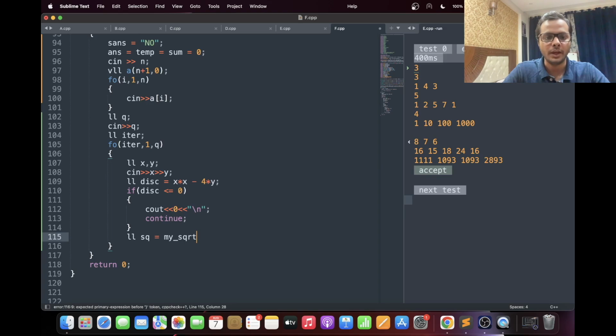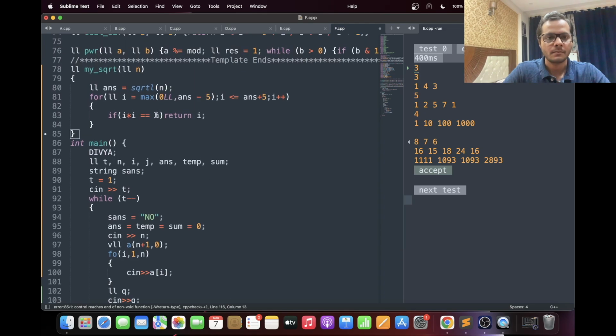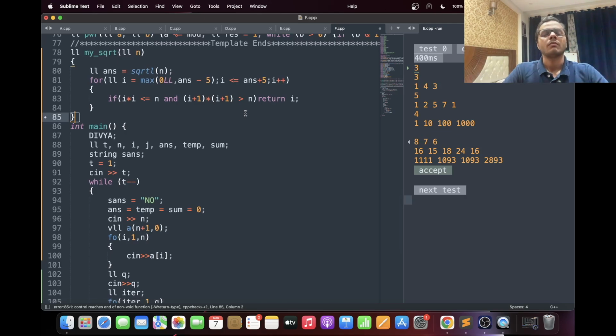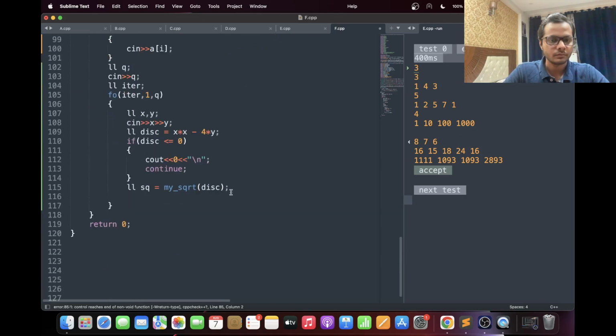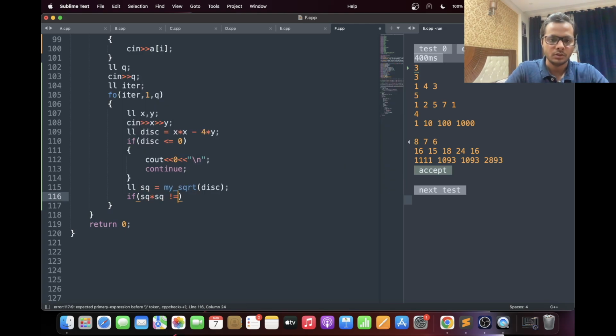Let this value sq be the square root of discriminant. If sq into sq is not equal to discriminant, then again we'll output 0.